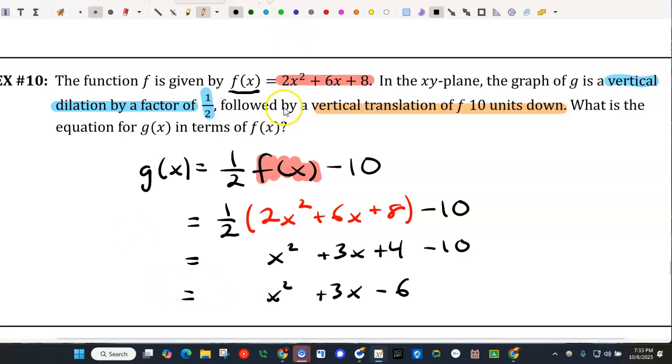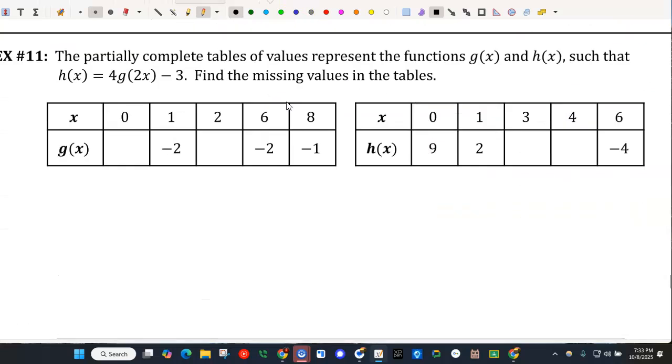All right, let's go down to number 11. It says, a partially completed tables of the values represent functions g of x and h of x such that, and here's the relationship between them. Find the missing values in the tables. Okay, these could be a little tricky sometimes, but sometimes just a little trial and error will get us there.